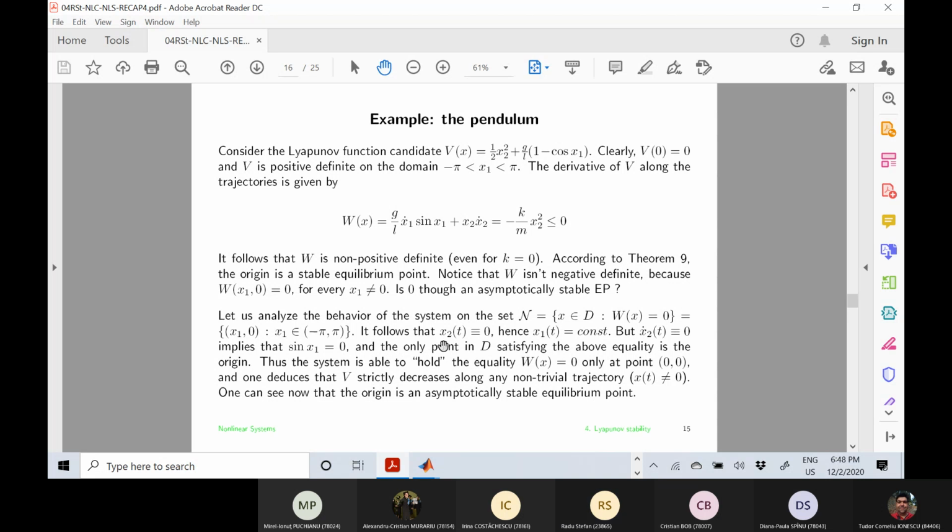Well, x2 is 0. So obviously, x1 has to be a constant, right? x2 is 0, x1 has to be a constant. But since the derivative of x2 is also 0, because x2 is constant, then obviously sine of x1 must be 0. Look at the equations once again.